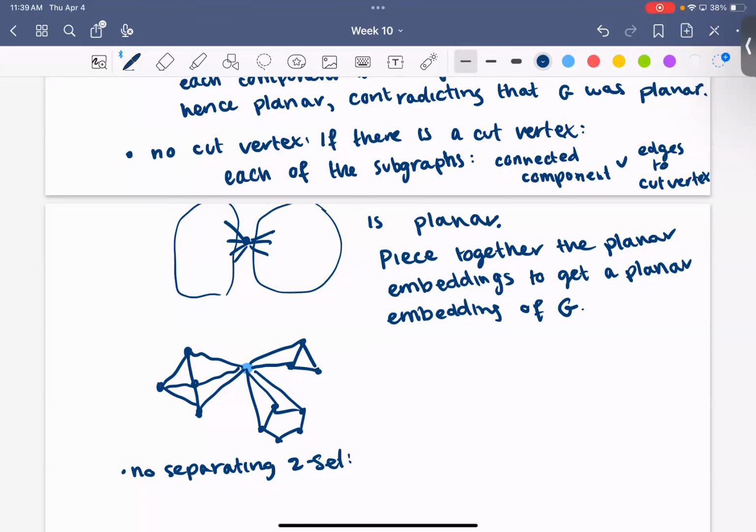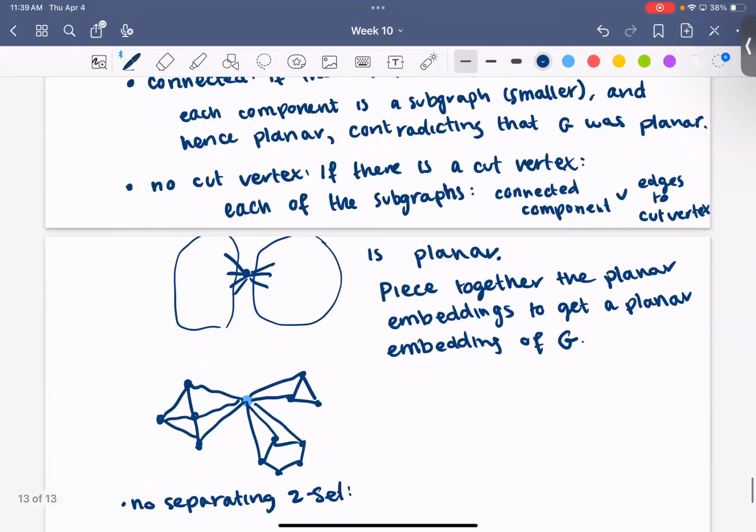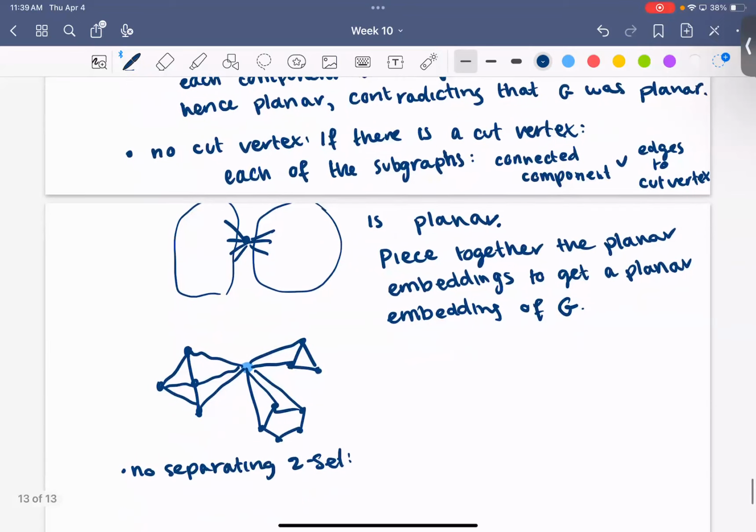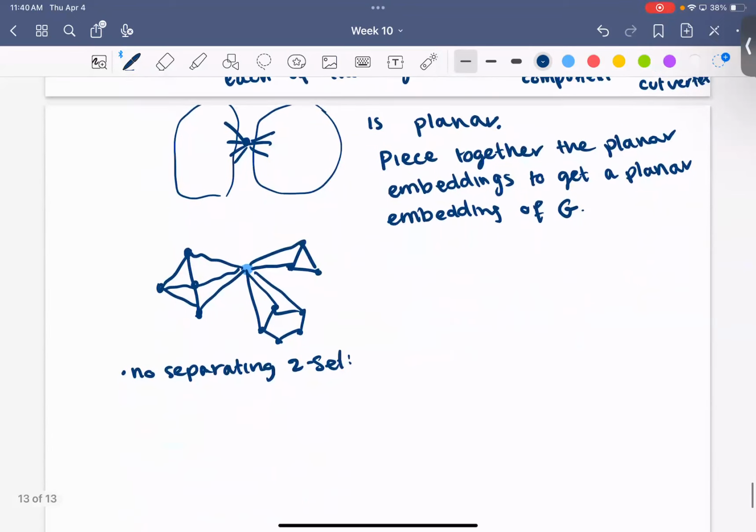Okay, so the last case is to prove that this is 3-connected, that is, we have to argue that there's no separating 2-set.